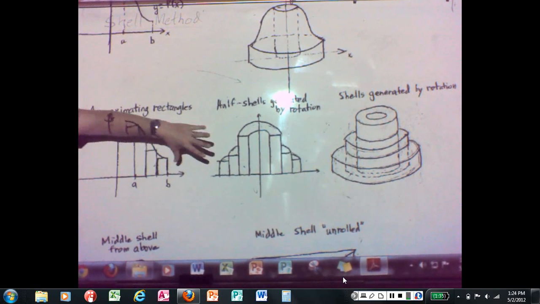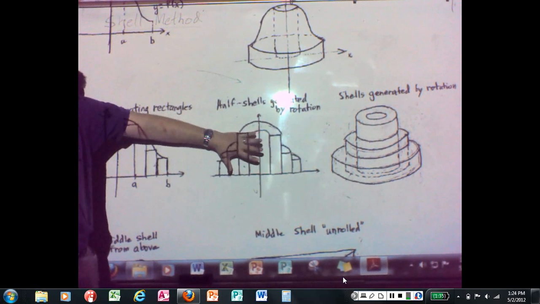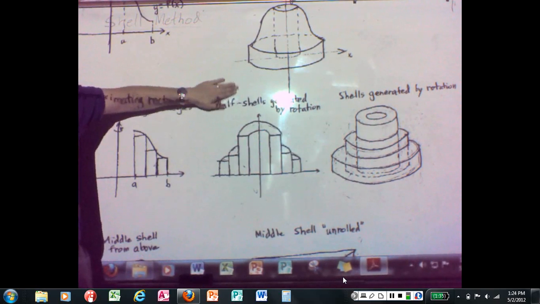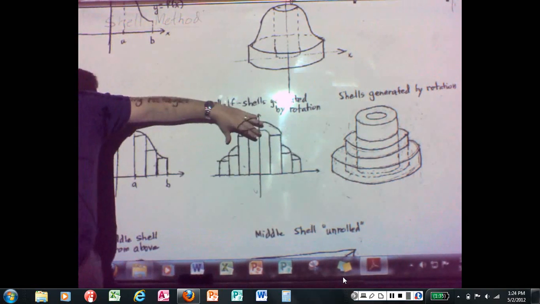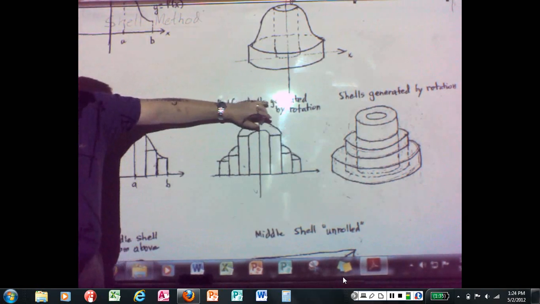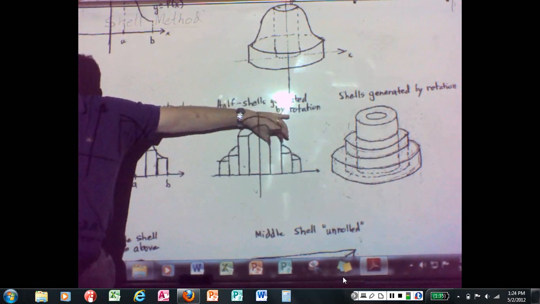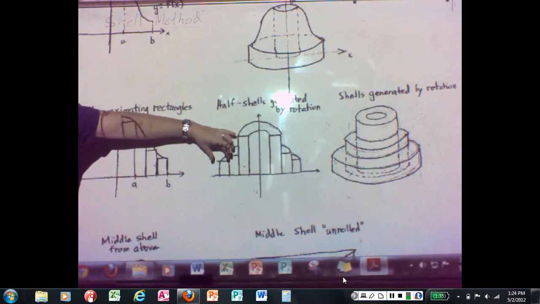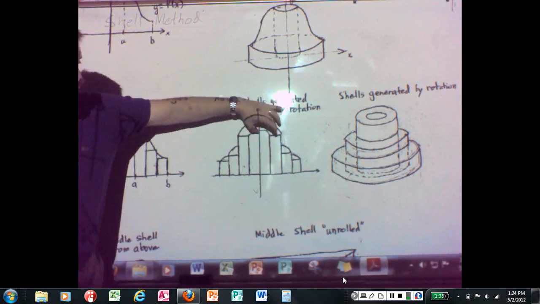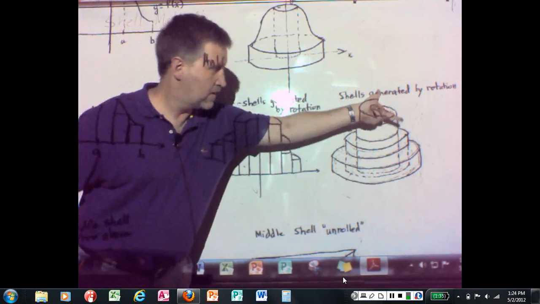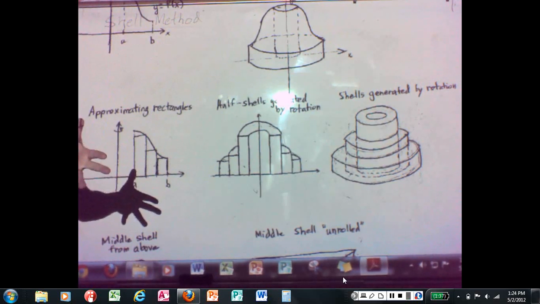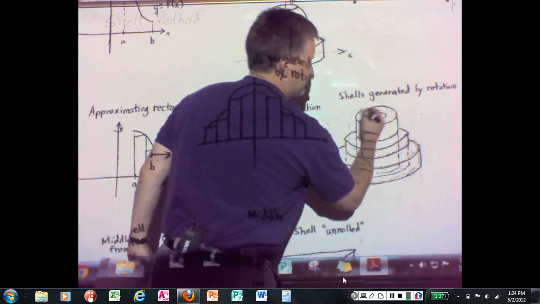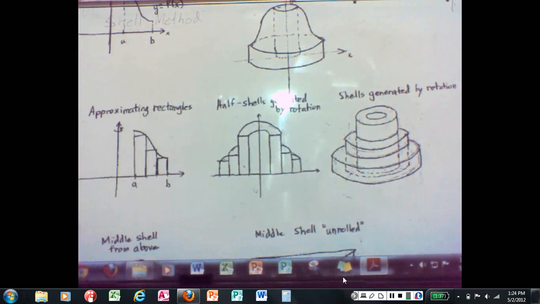This is the reason they sometimes draw half shells, because they're a lot easier than drawing the whole shells, I assure you, for me anyway. So here's the half shell. If I rotate this rectangle around halfway, this is kind of what it looks like, and then go the full way around. Yeah, what you get are shells instead of discs. See that? I get what they call shells. Tubes, I guess, is another way you could put it.